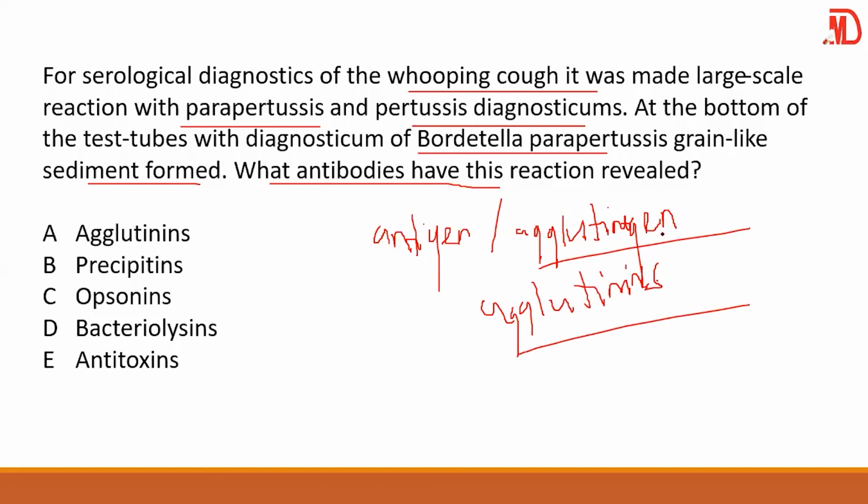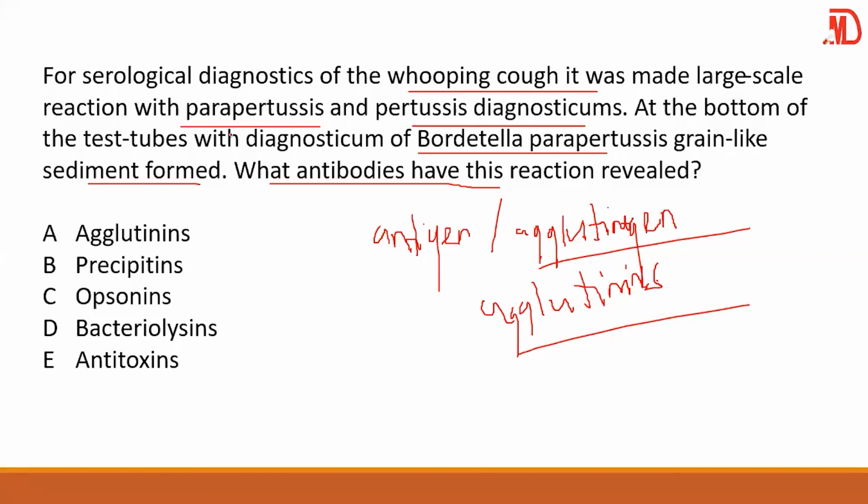When they react, it means they are not compatible, and as a result, they lead to clumping of red blood cells, if it is with respect to red blood cells, or clumped masses, also called the agglutinate.